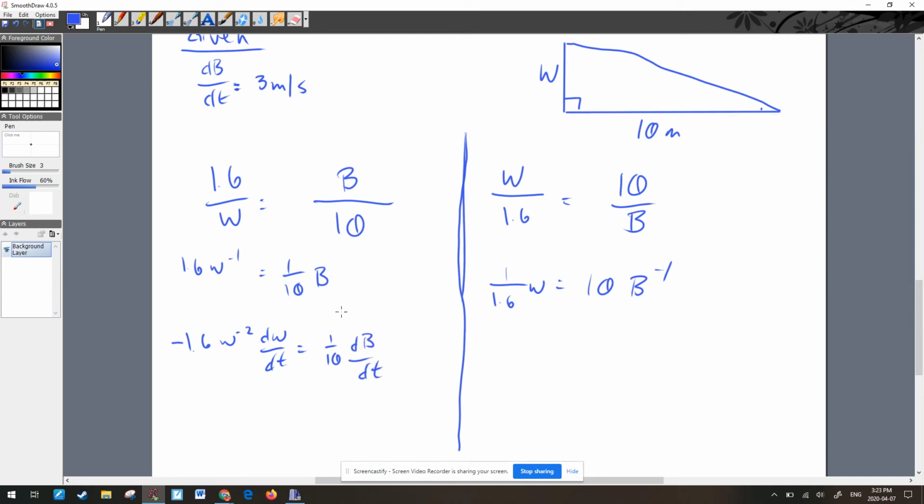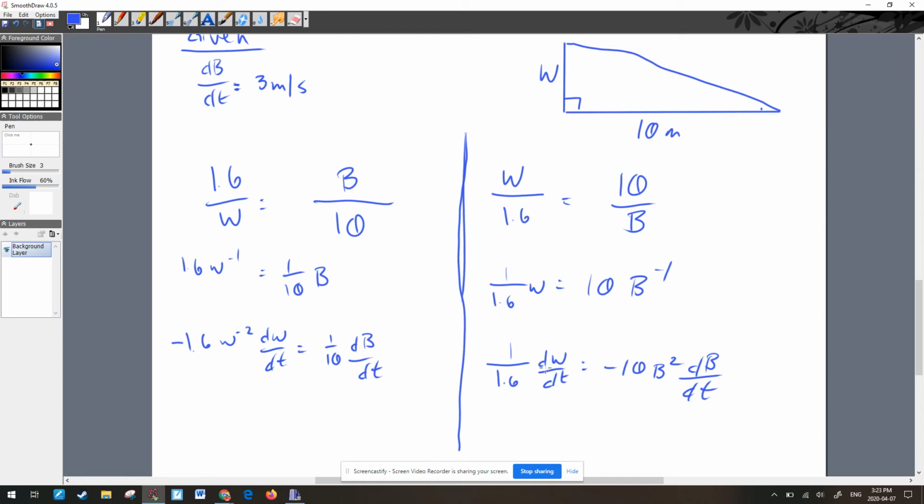Okay, fair enough. That's not all that big an issue. I'm going to differentiate this one. So we're going to have 1 over 1.6 dW by dt is equal to negative 10 B squared dB by dt. And you look and you think, okay, well, I got a dW by dt and a dB by dt on both sides, right?